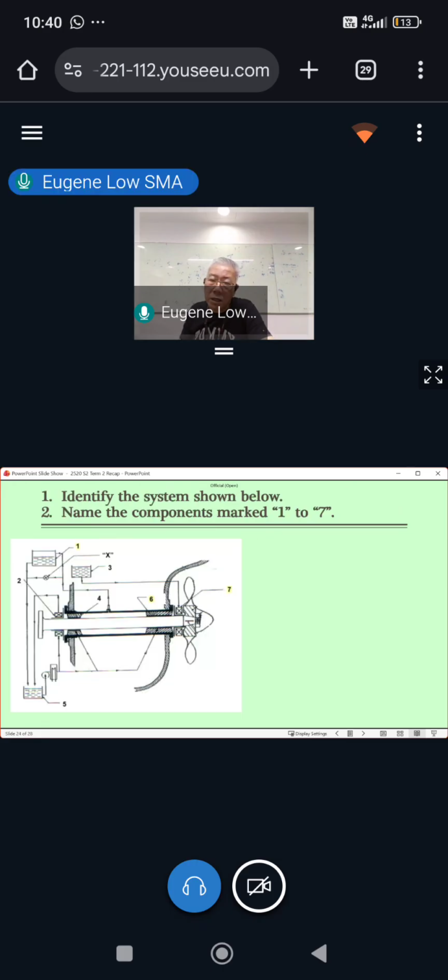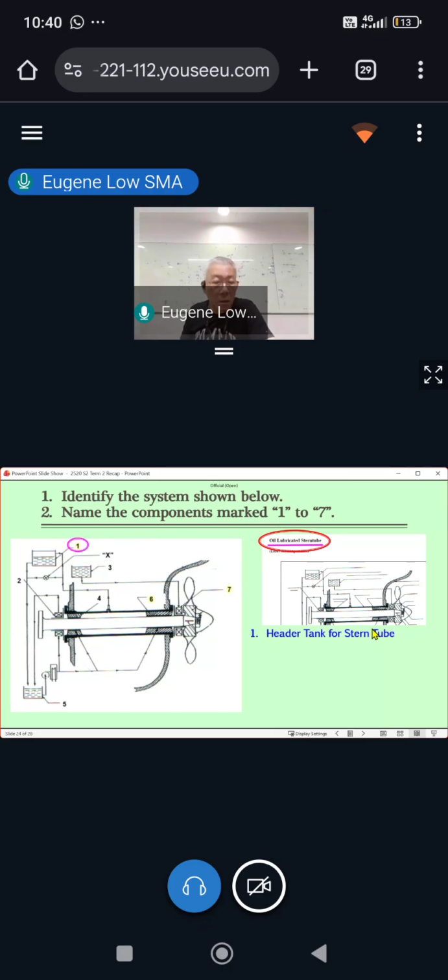This system, of course, is not required to sketch. Identify what the system is here. Of course, it's an oil lubricated stern tube. You have to be quite specific. Number 1 is the header tank for stern tube.